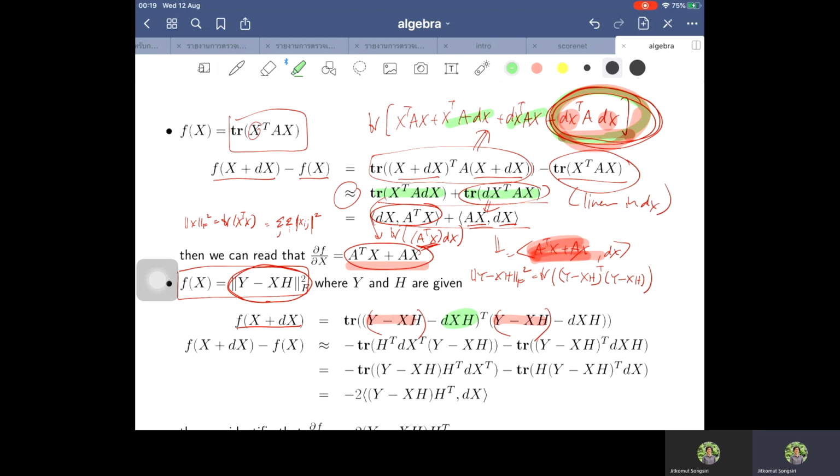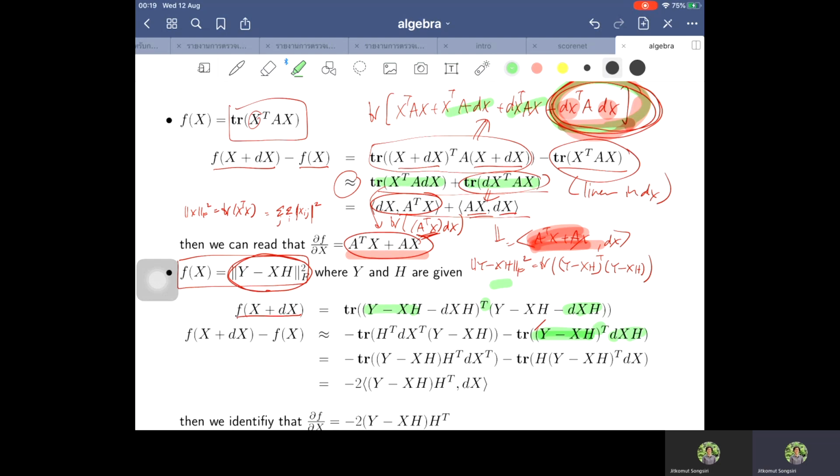You're going to have h transpose dx transpose, and this would be multiplied with y minus xh. The next linear term should be this transposed times this, so it's (y minus xh) transpose times dxh.